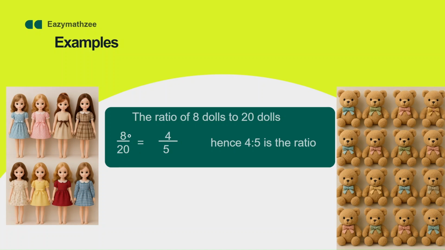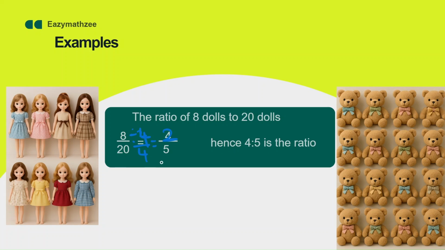That is equal to 8 divided by 4, in the 4 table, it will come 2. And 20 divided by 4 is 5. So 2 by 5. Hence 2:5 is the ratio.